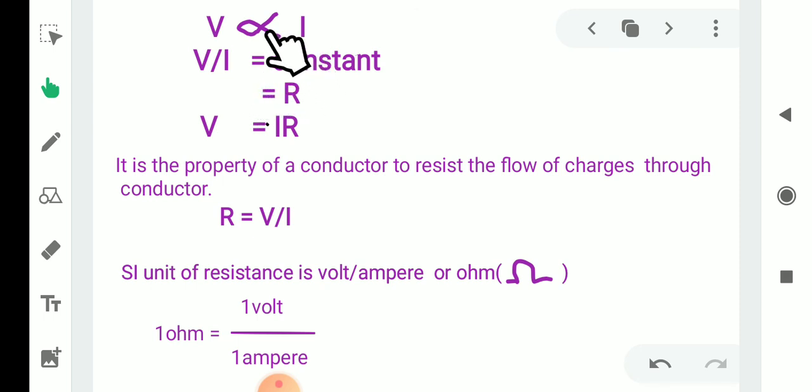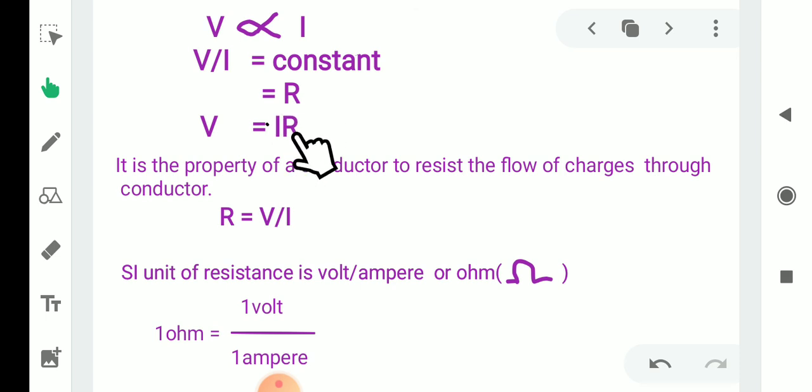When the proportionality sign is removed, the equal sign comes, and the constant is given by resistance R. This constant is nothing but the resistance of the conductor. So V by I is equal to R, that means V is equal to I into R.